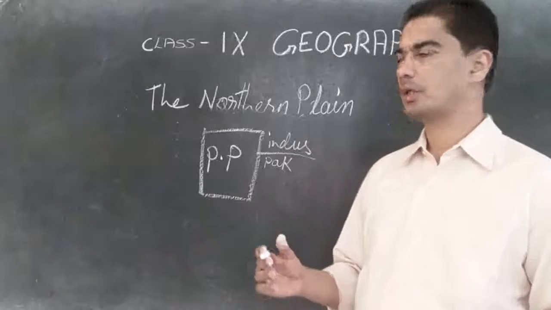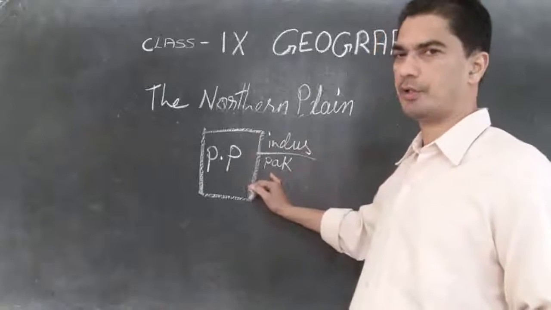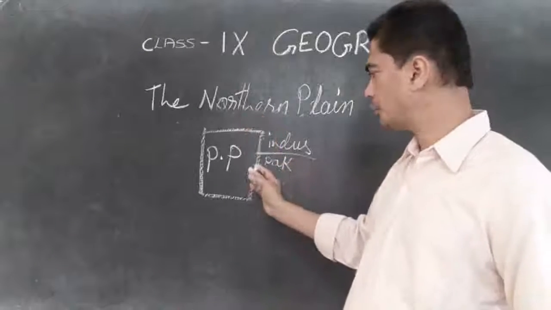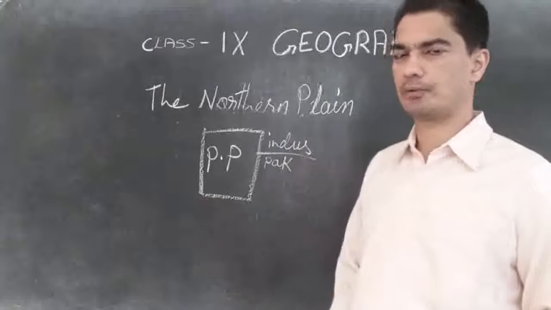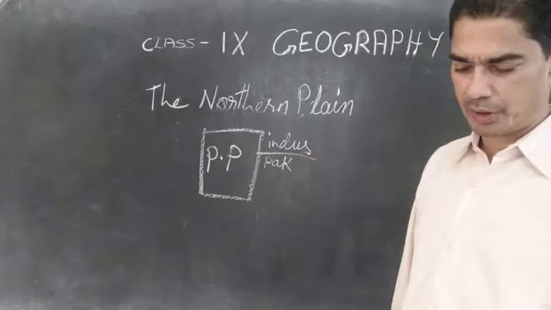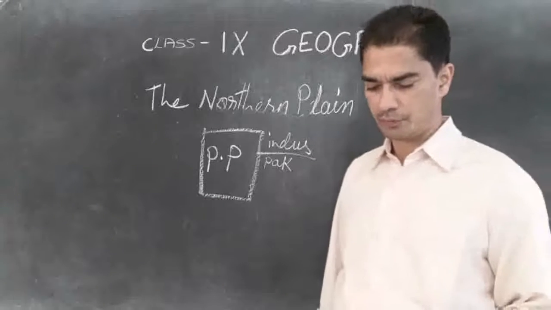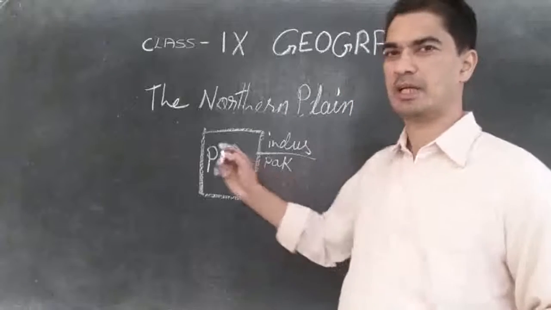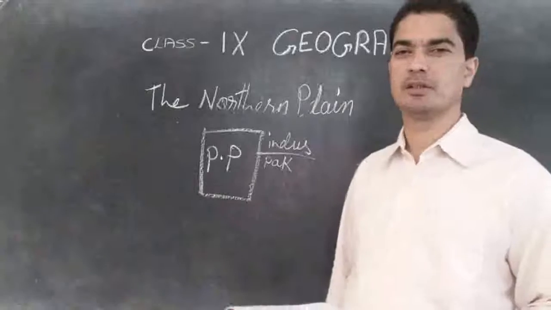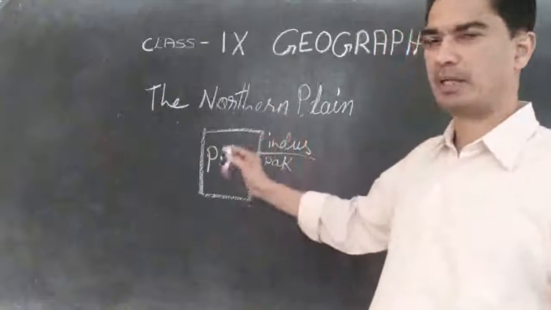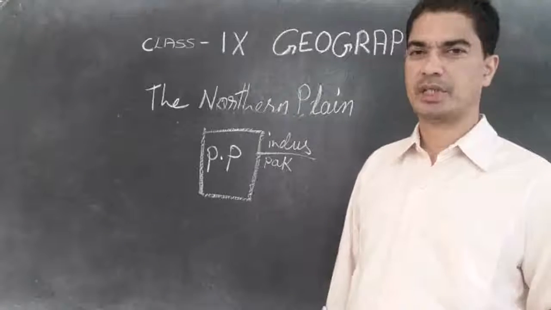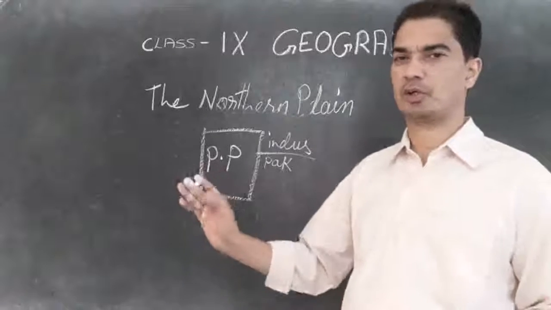These are the rivers that form the Indus River. They are tributaries, and at the end they come and join the Indus River. And they all originate from which place? The Himalayas. All these are Himalayan rivers, and they come and end in this Punjab plain, the western part of the northern plain.